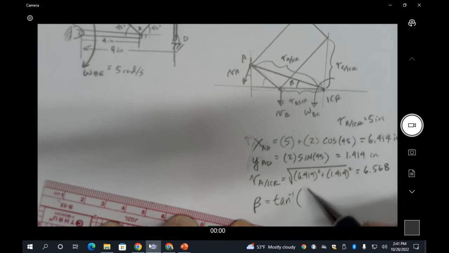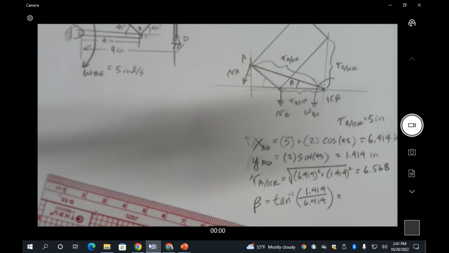I'm going to go rise over run, which is going to be the 1.414 over the 6.414. Taking the inverse tangent, we end up with this small angle, 12.43 degrees.